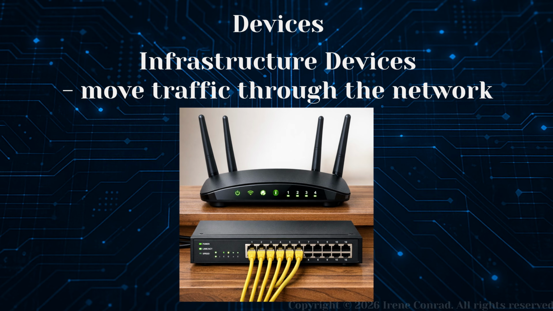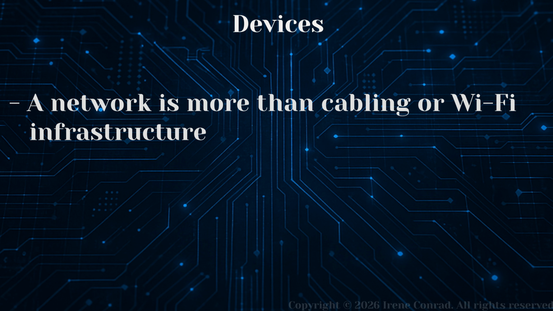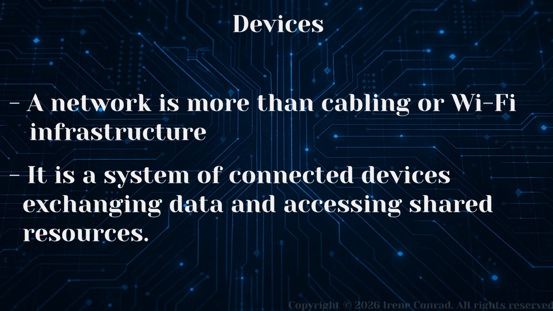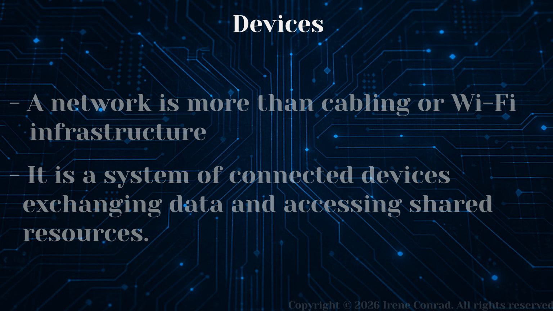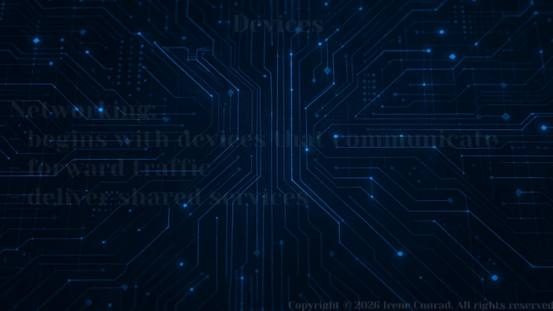And some devices provide specialized support, like firewalls, gateways, or other systems working in the middle of the network. So when you picture a network, don't just picture cables or Wi-Fi. Picture the actual things that are connected and doing the work. That's where networking begins, with devices that need to talk to each other or use shared resources.